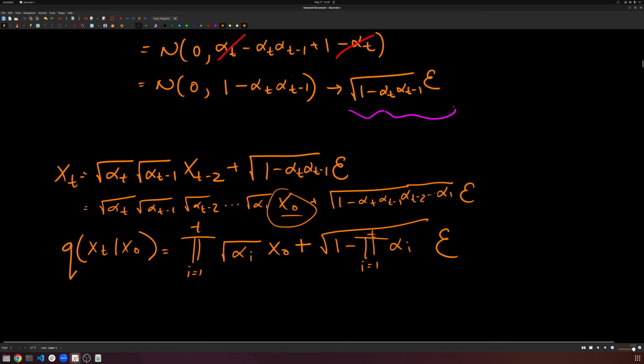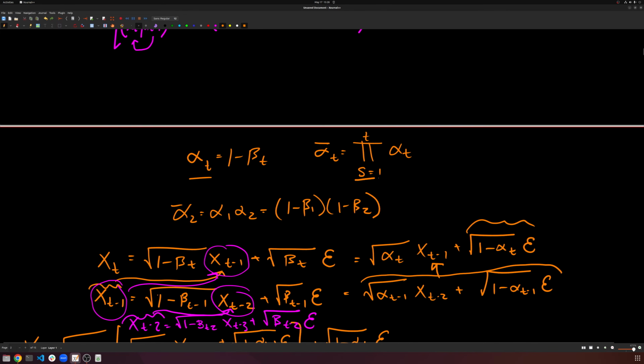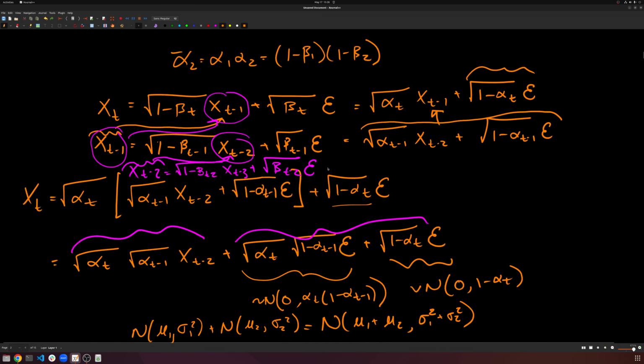But didn't we just have, and actually one more thing, the product of a square root is the same as the square root of the product. So there we go. But didn't we just write some notation a little bit earlier? We wrote that the product of your alpha_t's is just called alpha hat t, right? So the product from 1 to t is just alpha hat t. And this is why we have the notation. It's just shorthand.